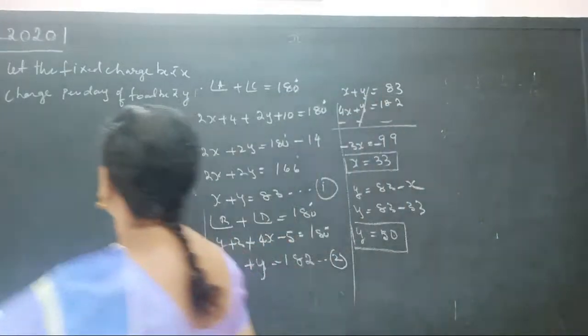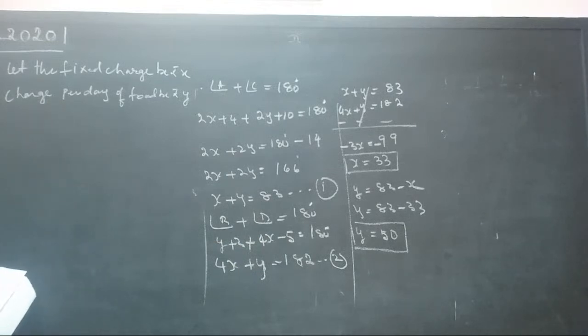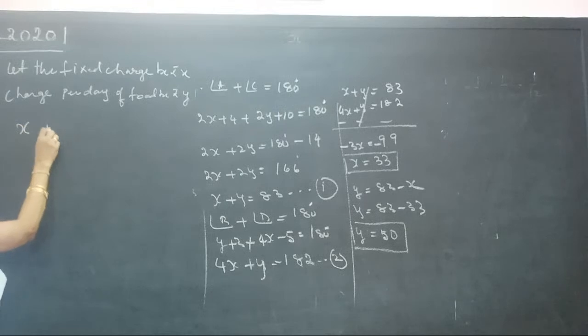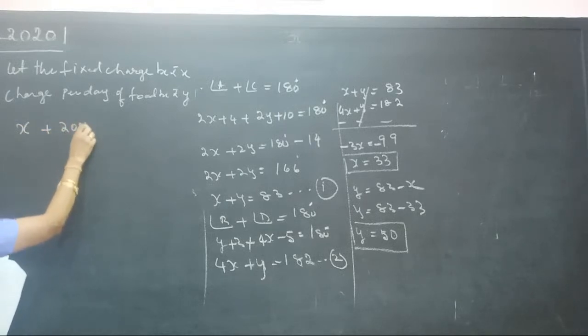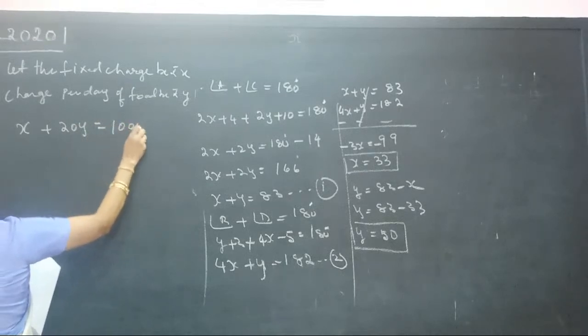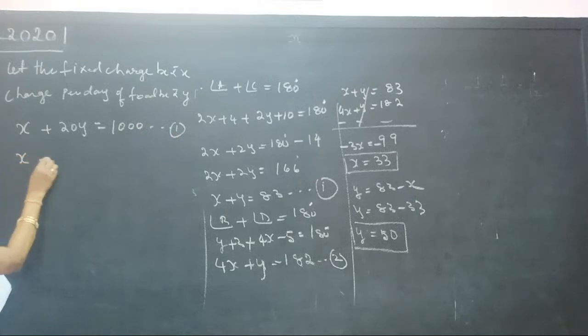Cost of food per day. Condition: student A took food for 20 days. So fixed rupees plus number of days with this charge, and the amount paid is 1000. This becomes equation 1. Fixed charge is constant.